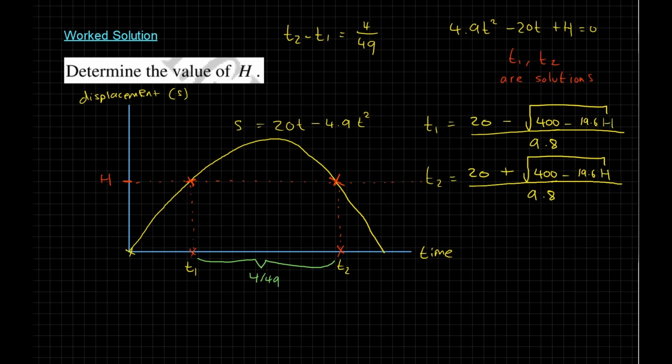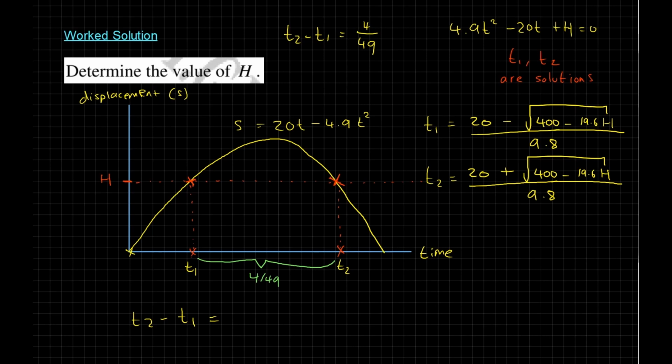Right, so we know that t2 minus t1 is 4 over 49, so therefore this time minus that time is 4 over 49, and hopefully you can see a lot of stuff is going to cancel here. If you work out t2 minus t1, I'm doing here at the bottom, I'm going to get 20 minus 20 is 0, and then the square root expression minus the square root expression again.